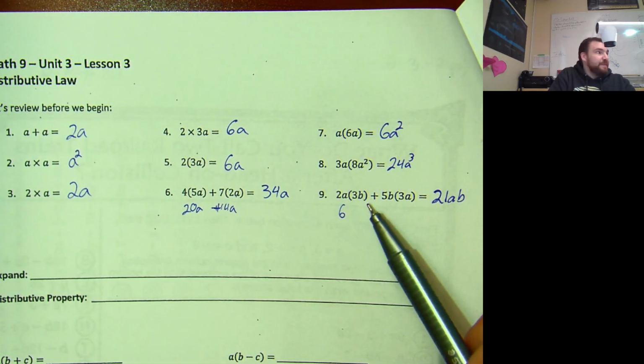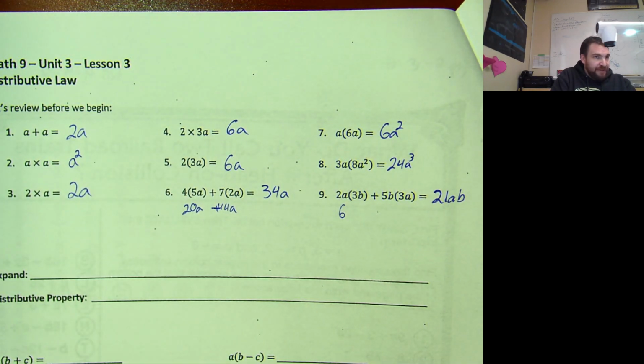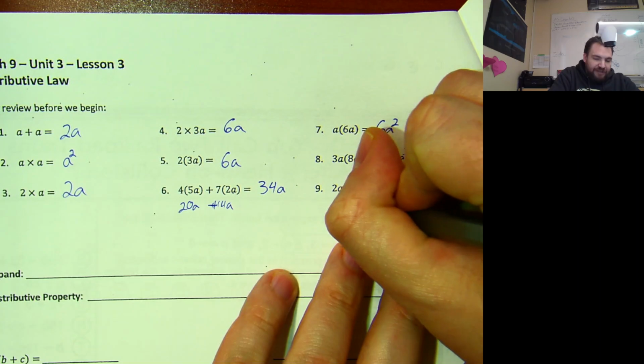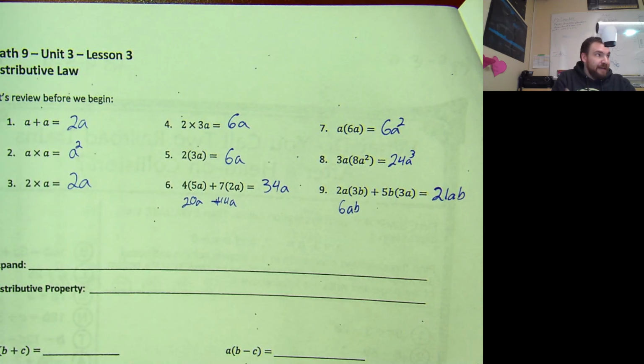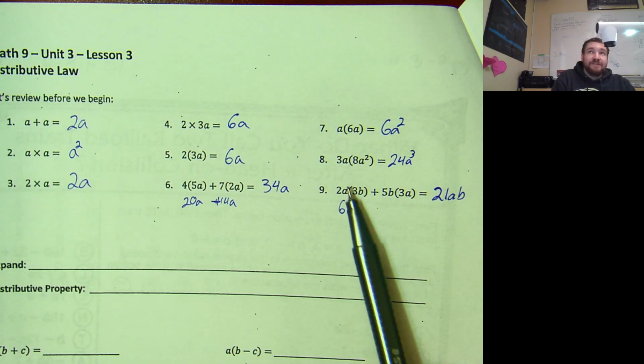And then a times b, I can't group those. Those are not the same bases. So a times b is just going to be ab. Because when there is no mathematical operator written between them, it is implied that what mathematical operator is actually present? Multiplication. So 6ab is just, I've multiplied the 2 and the 3 together, and then it's a times b.